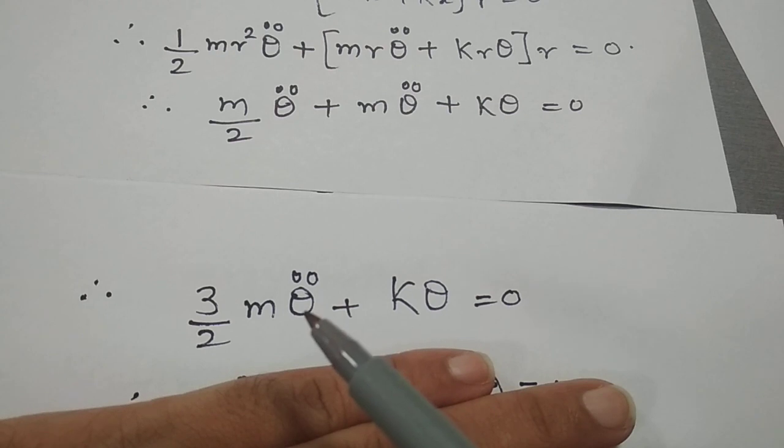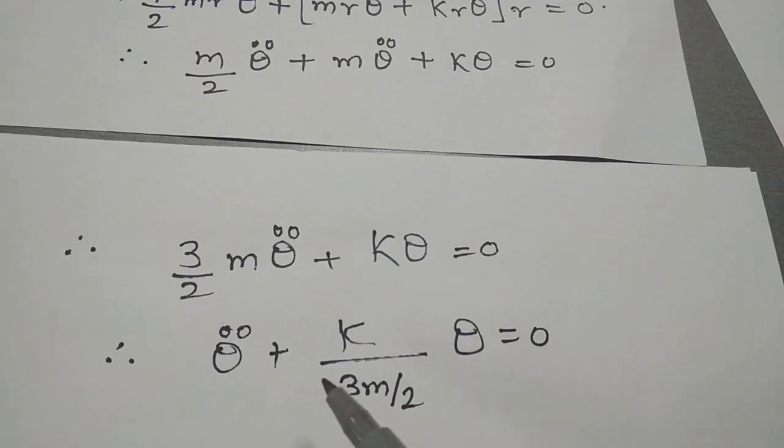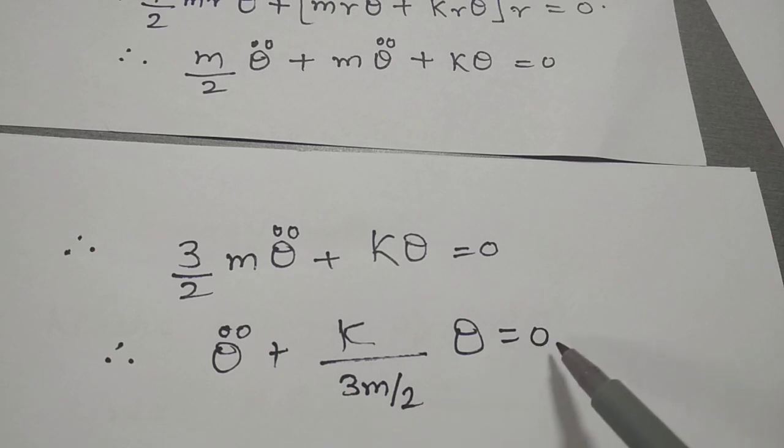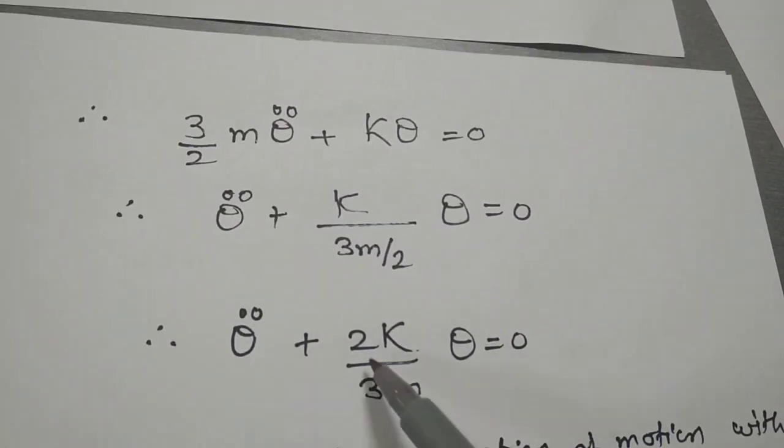Rearranging the terms, this theta double dot plus k divided by 3m divided by 2 into theta is equal to 0. Again, by rearranging the same, theta double dot plus 2k by 3m into theta is equal to 0.